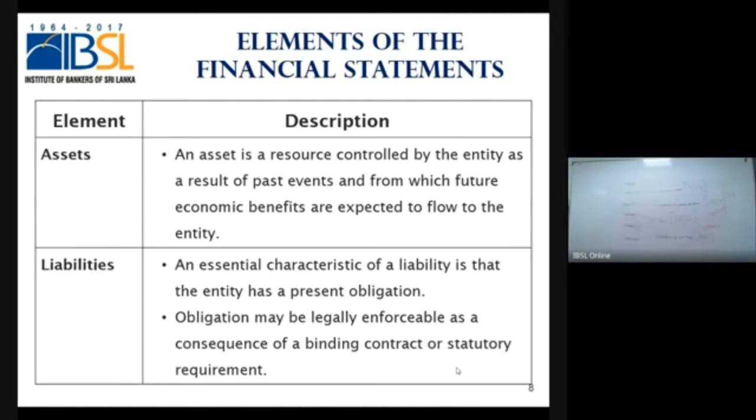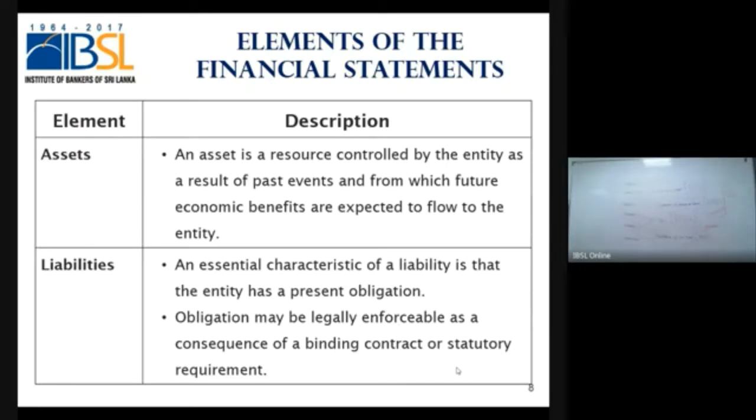Why is there an asset? Because there was some event that took place previously. As a result, now you have an asset. And the objective is that you are going to get some benefit out of this asset in the future.